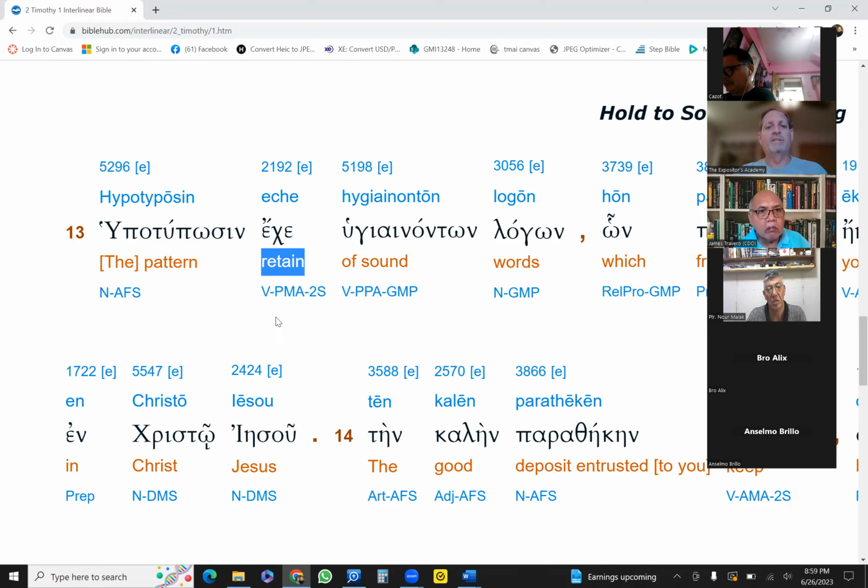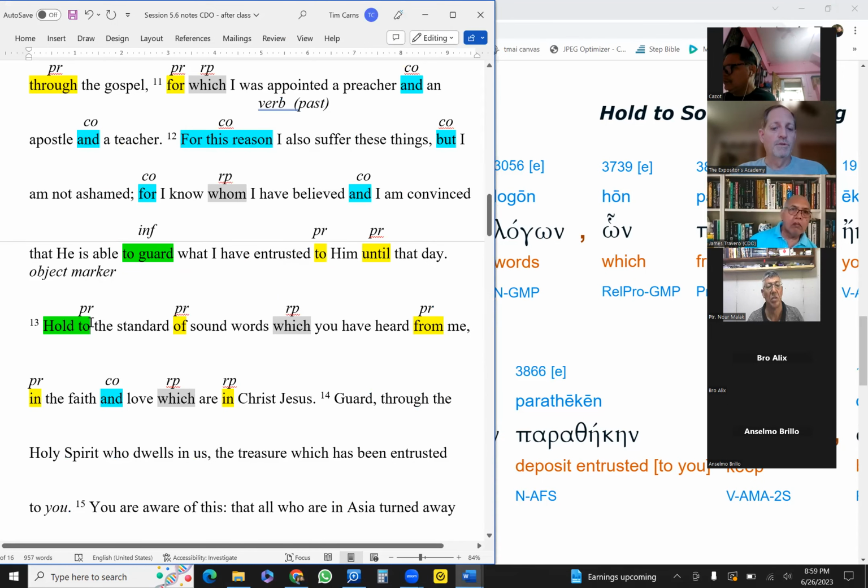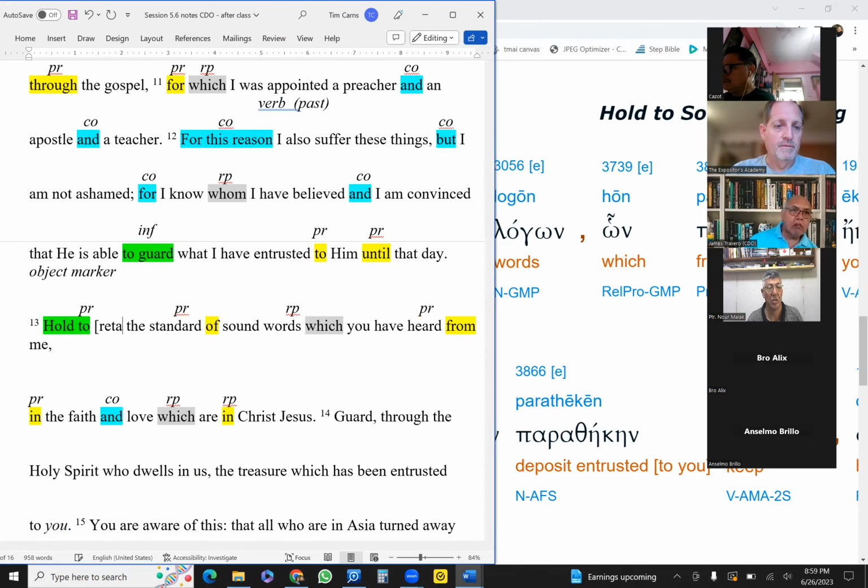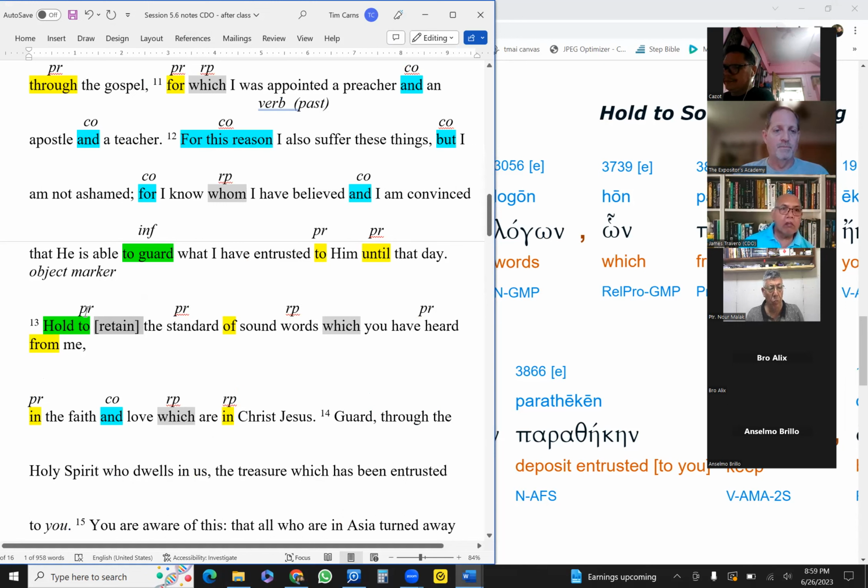But notice, retain is one way to translate it, and there's no preposition following it. This is just a regular verb. Retain the pattern of sound words. So when we look at the translation, hold to, or we could say retain. Now, if they had said retain, we wouldn't have this discussion. We wouldn't be talking about these prepositional verbs.